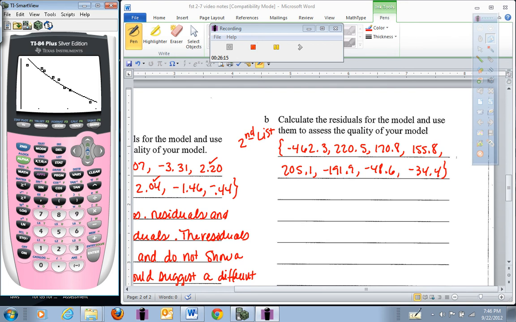Anyway, what we might want to write about this would be something like the residuals have relatively high magnitude. And magnitude means size, right?